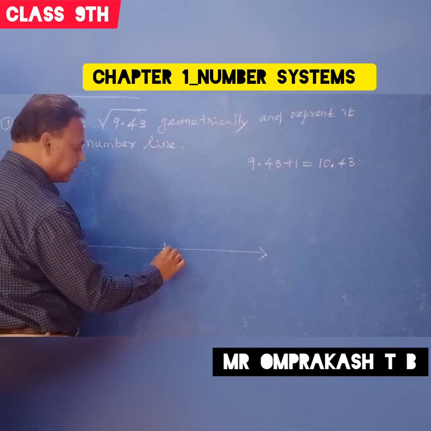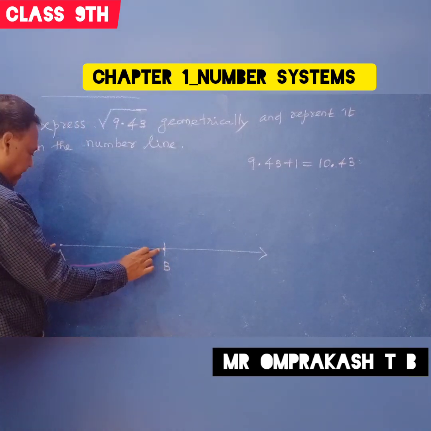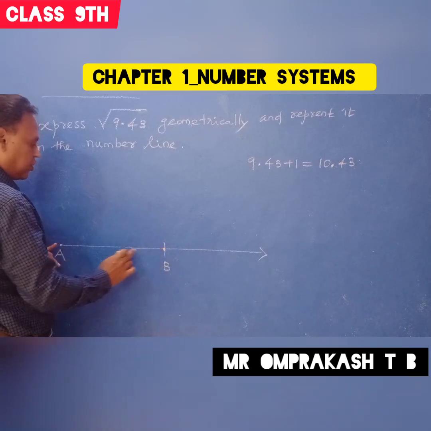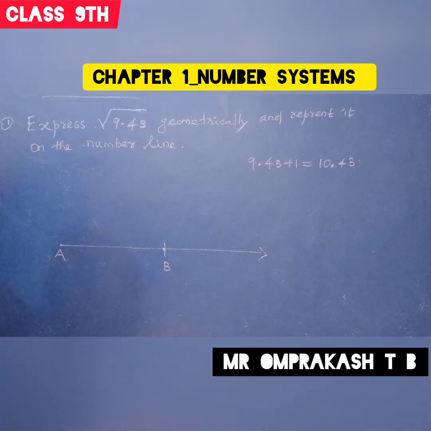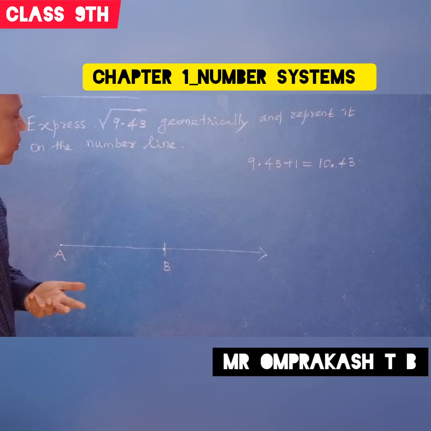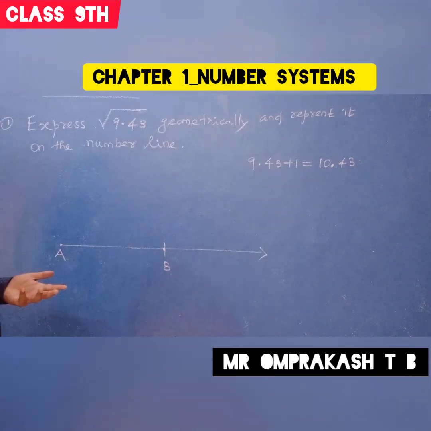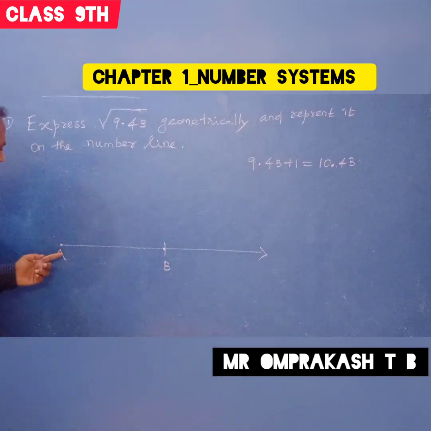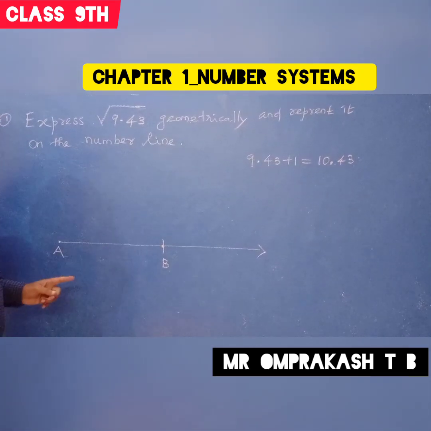Next, for this line segment AB, you have to draw the perpendicular bisector. In lower classes you have studied this.